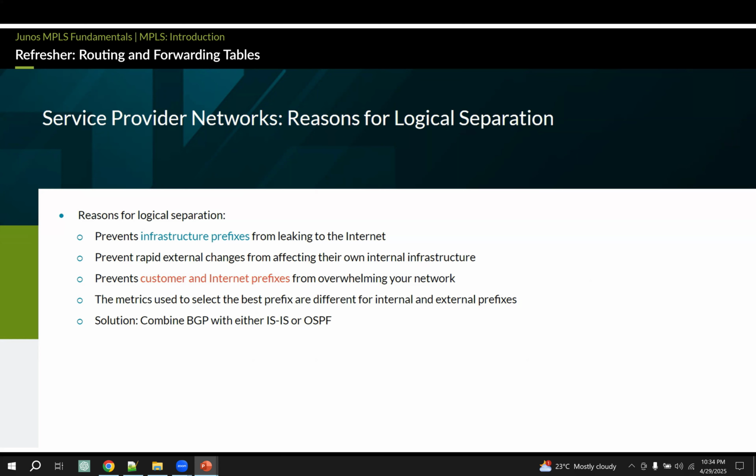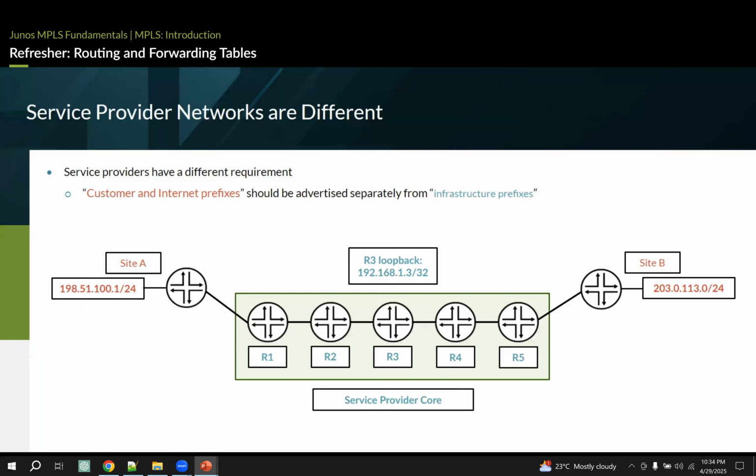So in a service provider network, in this portion, we should use BGP. Customers will connect with BGP, that means eBGP, and your organization's routers internally run IBGP.